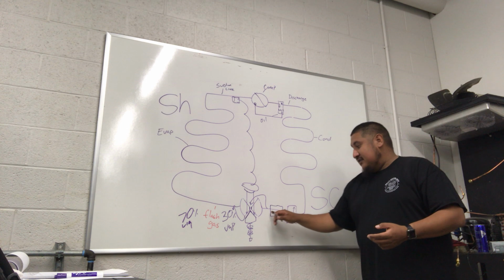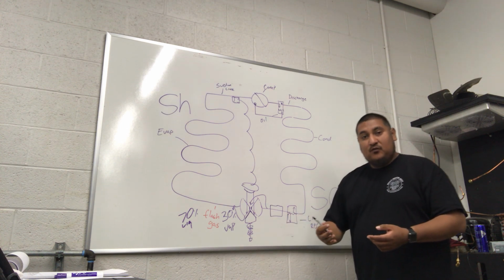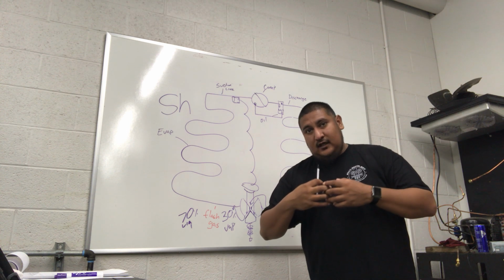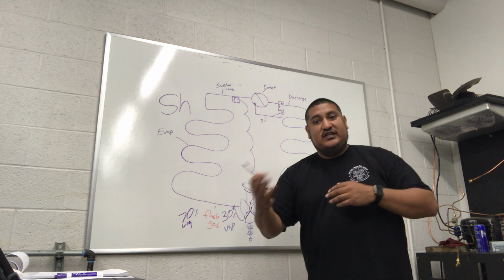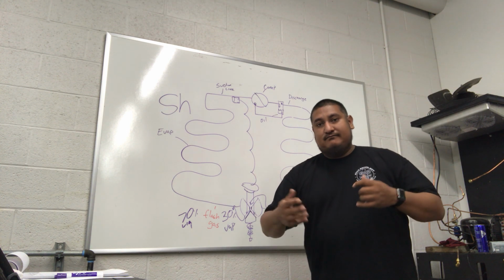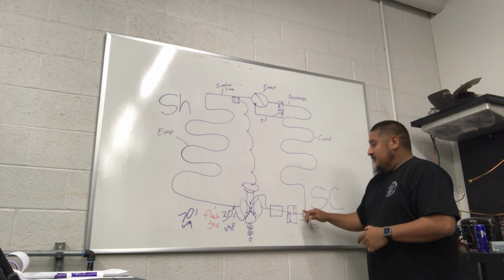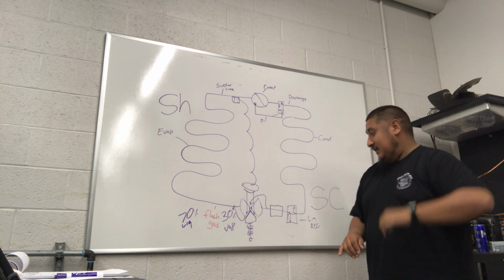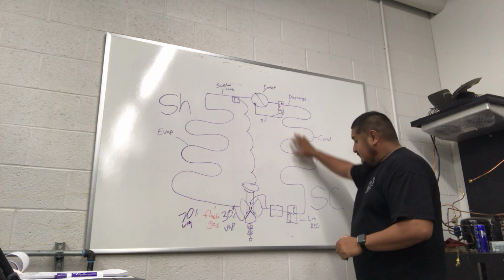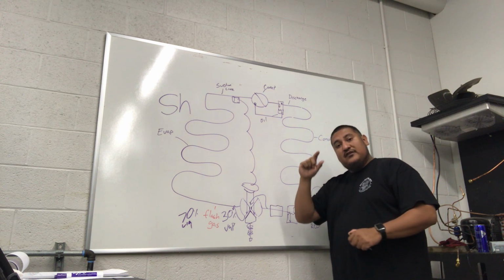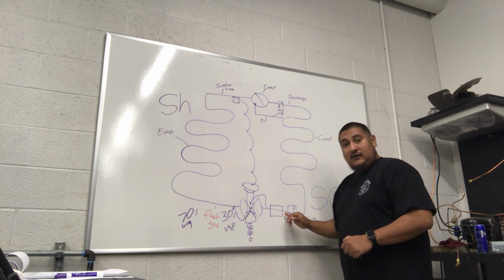You guys got to remember that this line here is made out of copper, right? Copper is a very good material that transfers heat and absorbs heat very fast. It's efficient at what it does, transferring heat. I think you're looking for heat conductive. There you go. That's what I was looking for. So, as that refrigerant here starts to lower its temperature, it's also going to lower the temperature of that copper pipe, right?